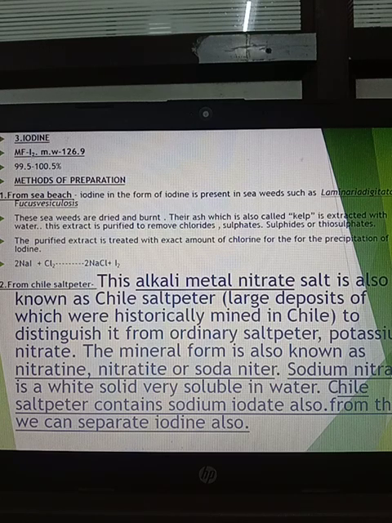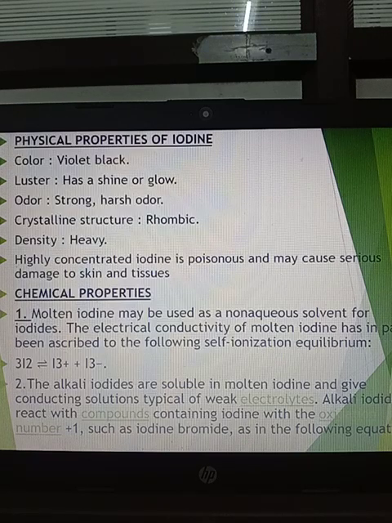Physical properties: it is bluish black in color with a metallic shine, having a strong harsh odor, rhombic crystals. And lastly, we can see the chemical properties.